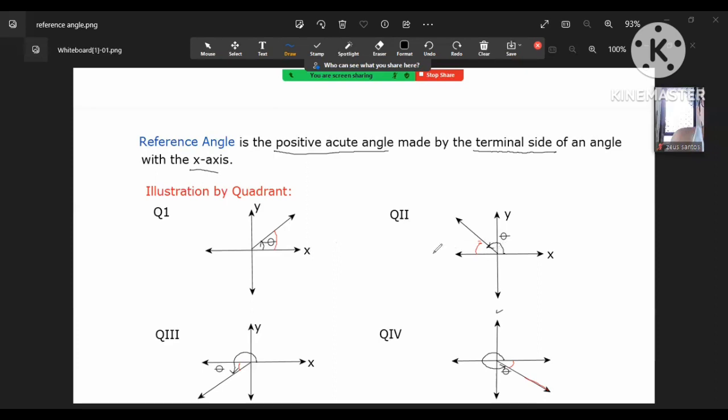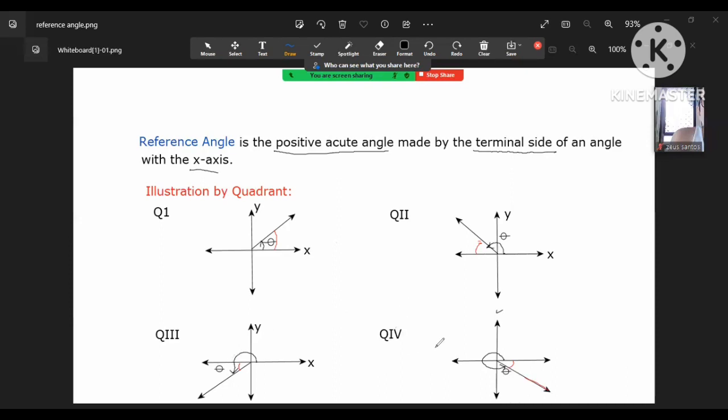Okay? Now, paano kung nasa quadrant 3 ka naman? Paano mo kukunin yung measurement nito? Kailangan tanggalin naman natin itong 180 na to, para makuha natin itong angle na to. So that is the angle minus 180. So that's theta minus 180 pagka nasa third quadrant tayo, okay?